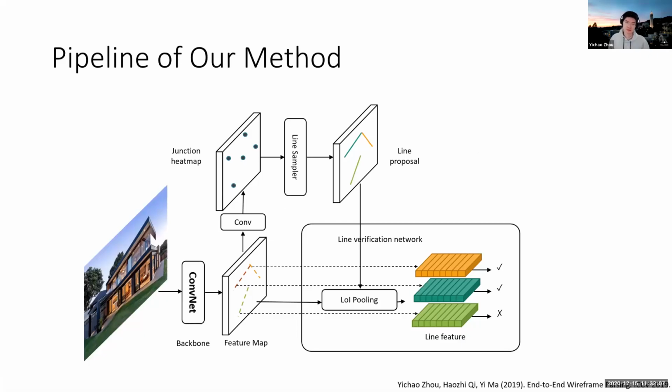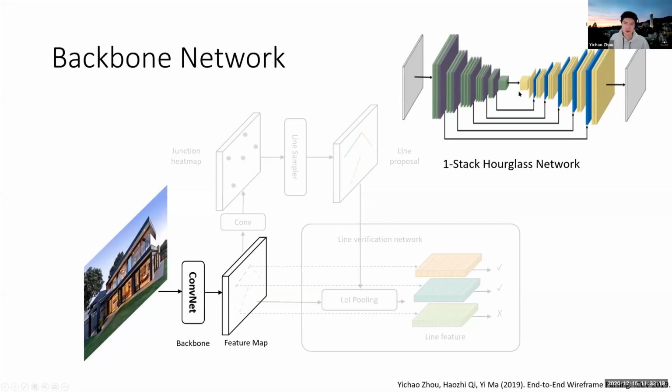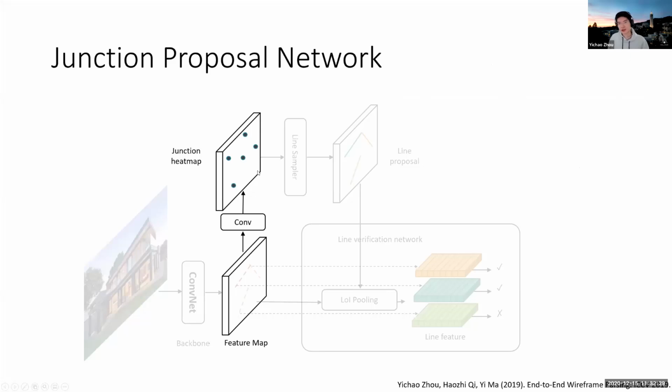Okay, so here is a simple pipeline of our new method. I will go through it component by component. First we have a backbone network, commonly known as a feature detector, which turns an image into a feature map. Next, you turn this feature map into a junction heat map.